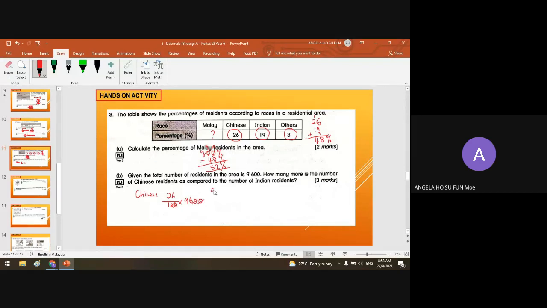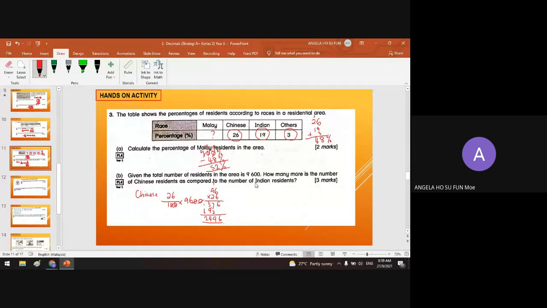So I write that 96 times 26. 6 times 6 is 36. 6 times 9 is 54, plus this 3 is 57. 2 times 6 is 12. 2 times 9 is 18 plus 1 is 19. So the total is 2,496 Chinese residents there.